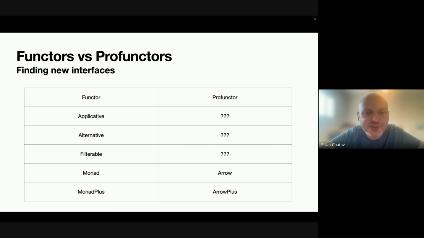So monad is sometimes thought of as a monoid in the category of endofunctors, and arrow is a monoid in the category of strong profunctors. But the question is, what corresponds to the applicative, alternative, and filterable classes? We don't really have those available.